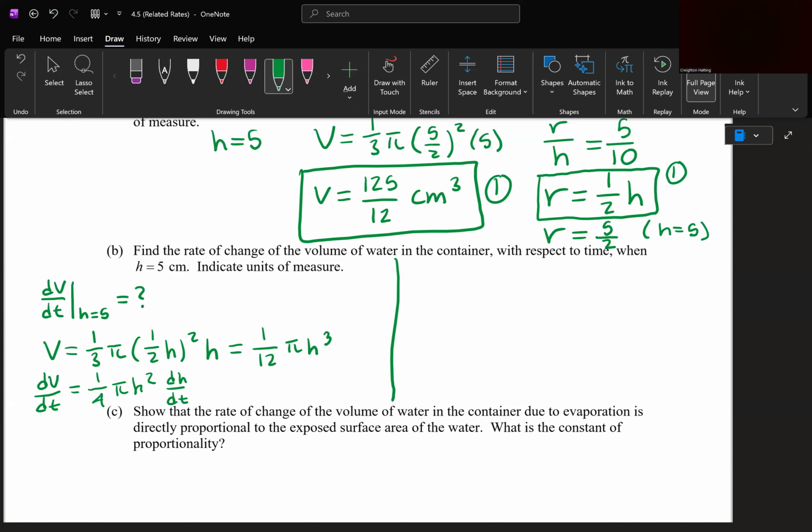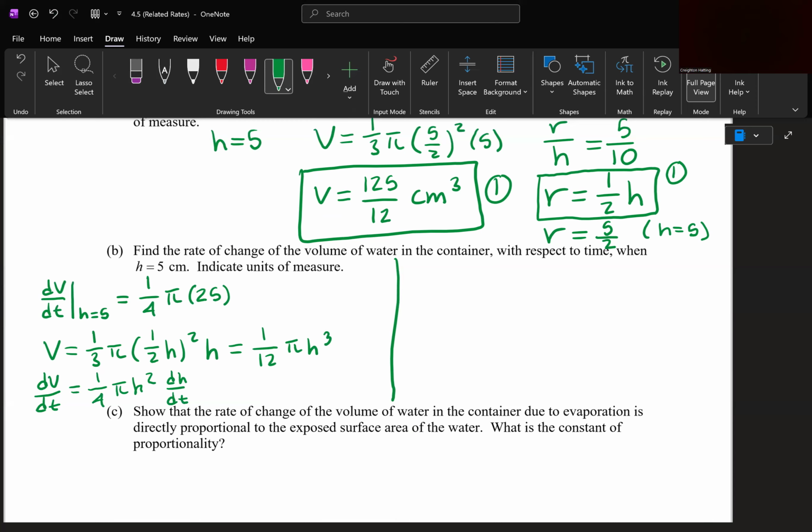So I'm going to come right back up here, erase my question mark, and we're going to fill this in. dV/dt at the situation where h is 5, we're going to have 1/4 pi times 25, because remember, h is 5, so h squared is 25.